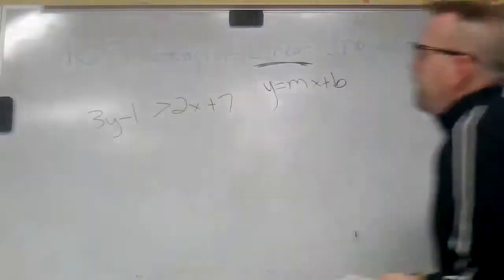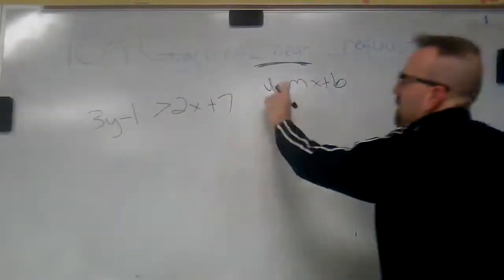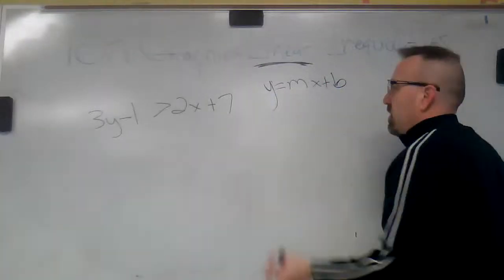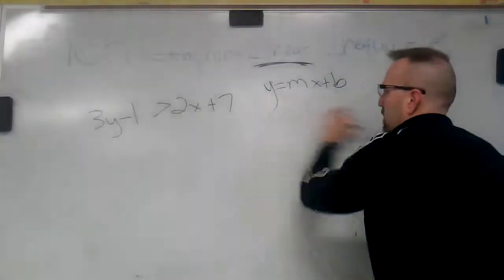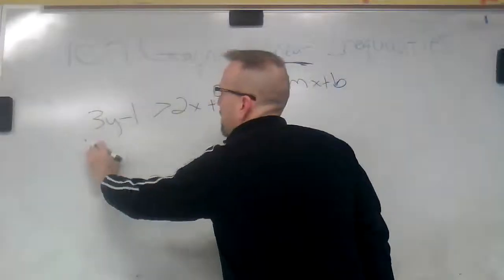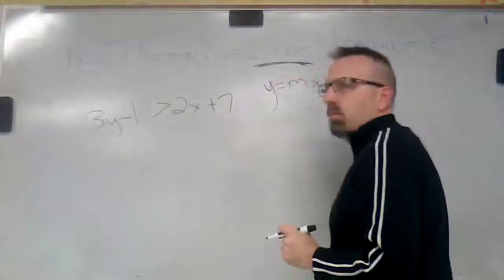Okay, so it won't always be set up the same way, but the key is we need y by itself. It's easiest to leave it on the left. We don't have to leave it on the left, that's just the easiest way. That looks just like this. So if we want to get this 3y by itself, we need to get rid of this minus 1.